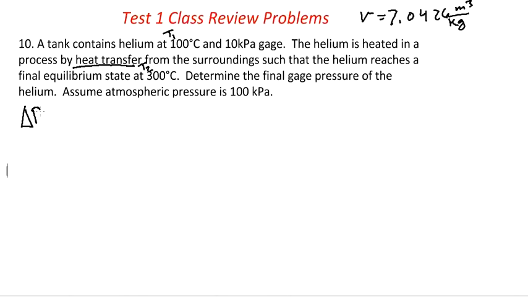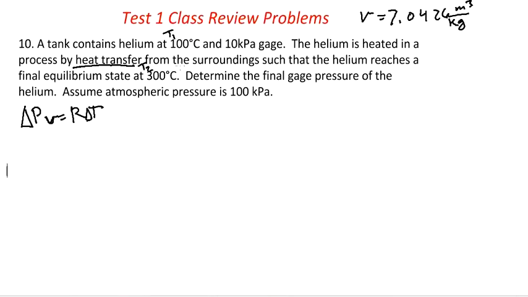Delta P times v equals, let's make sure that we emphasize that's lowercase, equals R times delta T, because we have a change in temperature. Specific volume is not changing because we do not have any mass or volume change. The helium is presumably in a tank or something, so the helium is not going away and the volume of the tank is not changing. At least we're not told that it is, so we're going to assume it's constant.